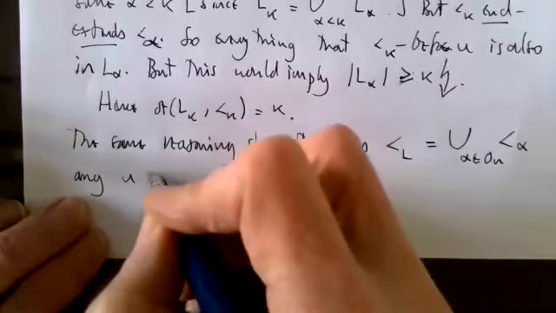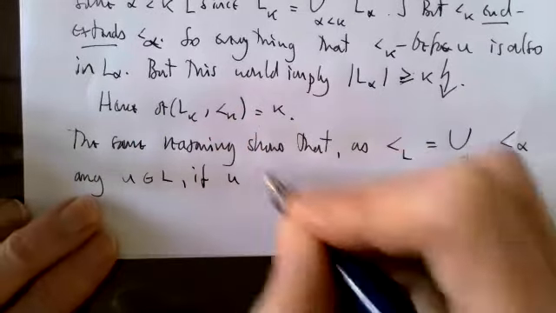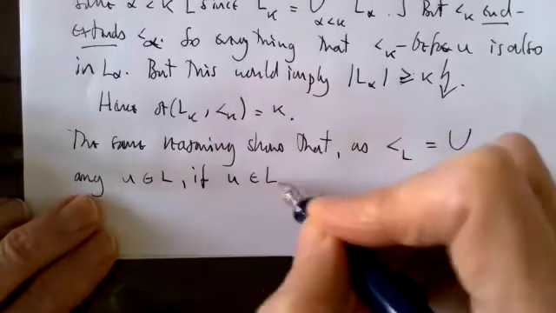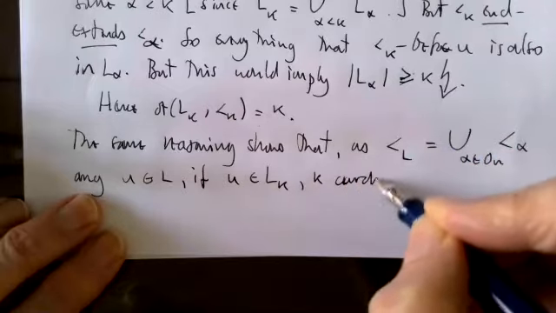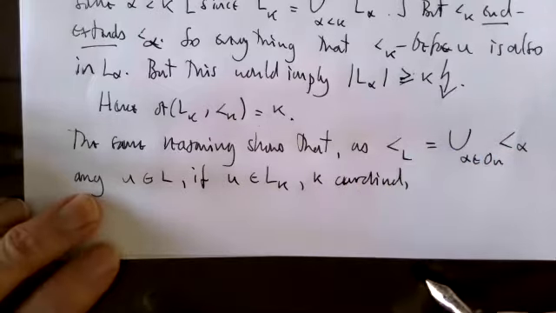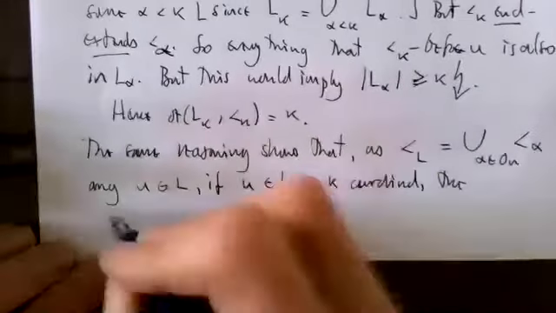Any U in L, if U is in L kappa for kappa cardinal, what we have is the predecessors of U have size less than kappa.